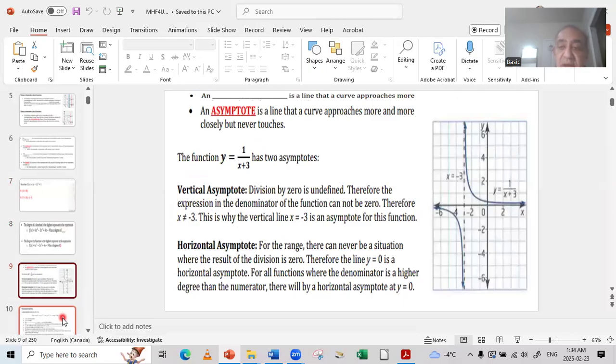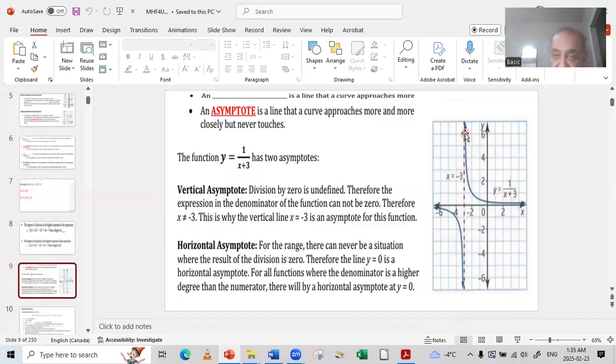We also talked about the meaning of asymptotes. An asymptote gets closer to the x-axis or the y-axis, but it never touches it. The reason is that if I say x equals minus 3, and I draw a line here that cuts the horizontal axis at x equals minus 3, asymptote means that the graphs of these functions pass close by the vertical line, but don't touch it.